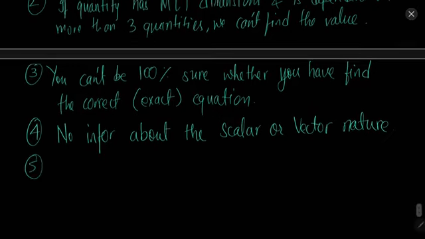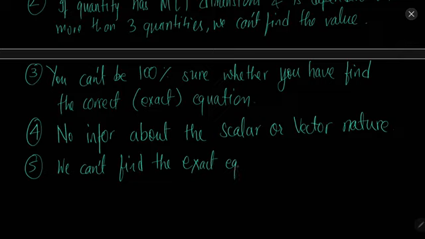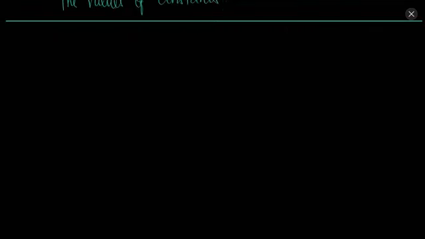And obviously, as I said, we can't find the exact equation, that is, we cannot find the value of the constants that are in the equation. So these are a few of the limitations of dimensional analysis.